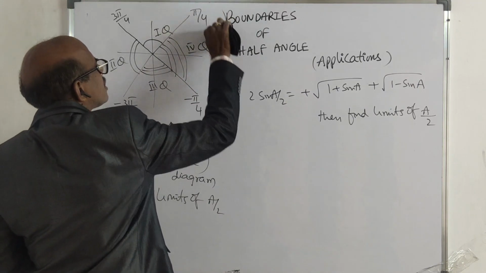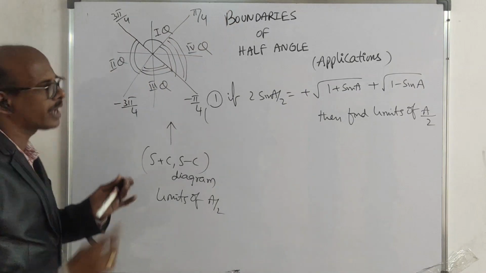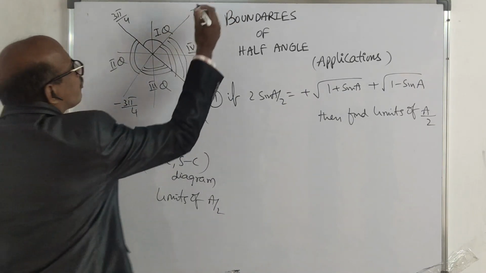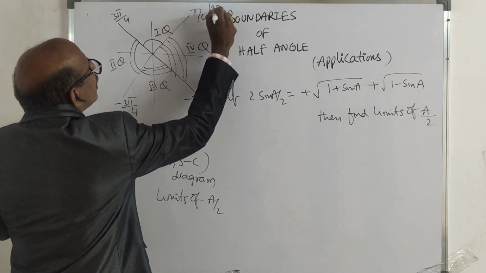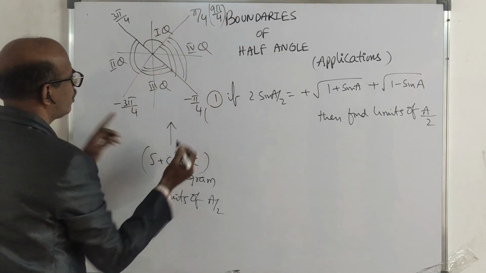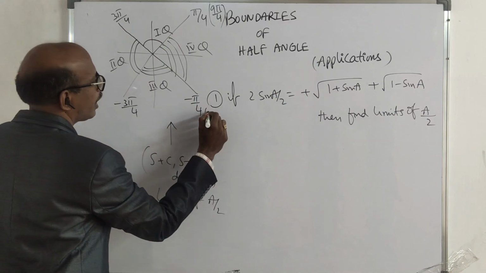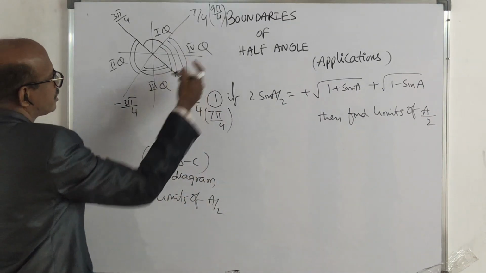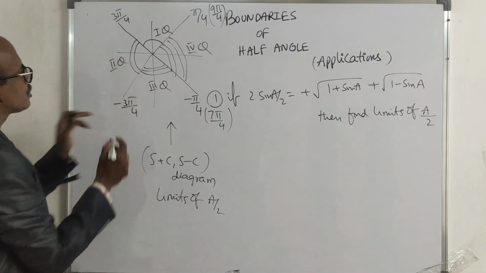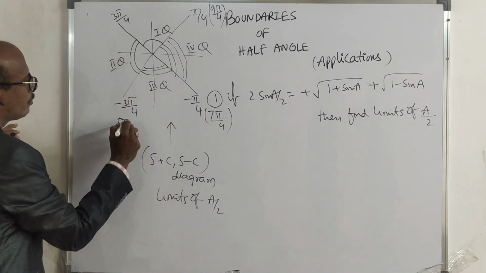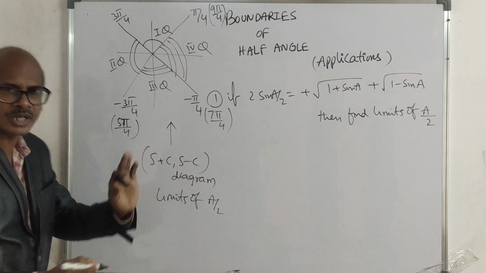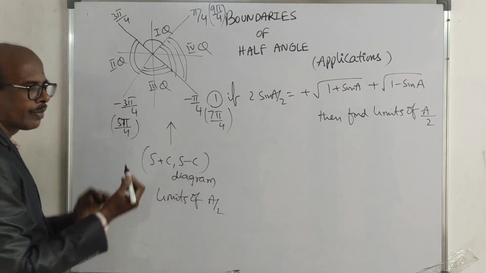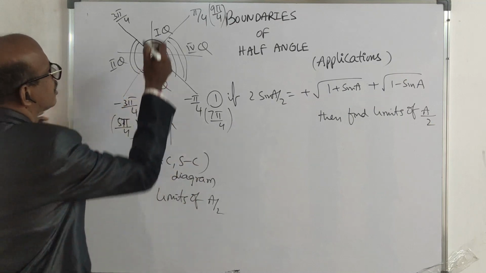Both the x and y axes are rotated by 45, therefore 360 plus 45 is 405, which is 9 pi by 4. And 270 plus 45 is 315. This is 360, and this is 180 plus 45, 225. So these boundaries are essential, and a simple revision of this diagram we already discussed in the previous video.